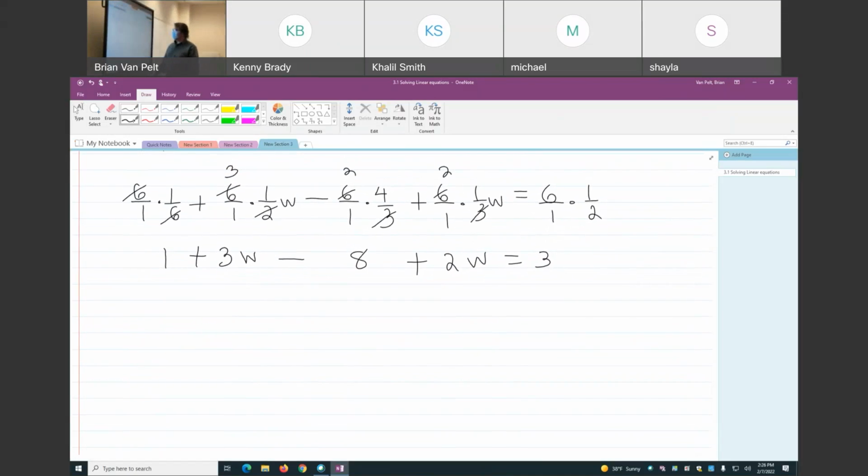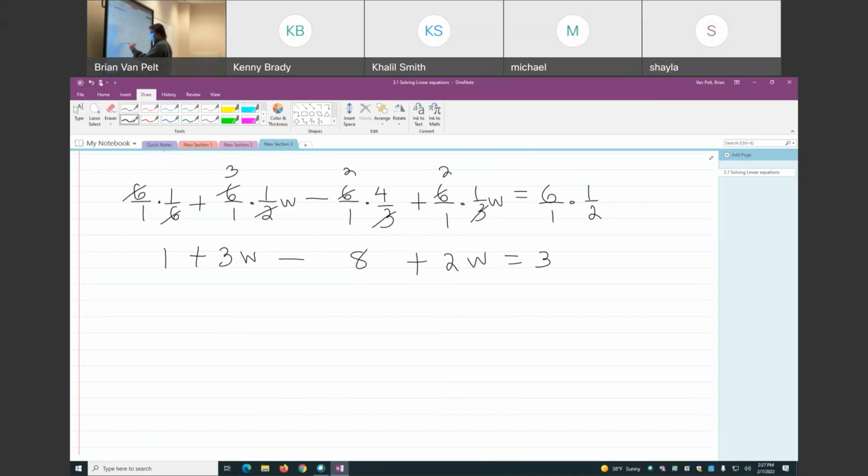For instance, what do I have for the numbers? What does the left side clean up to be?